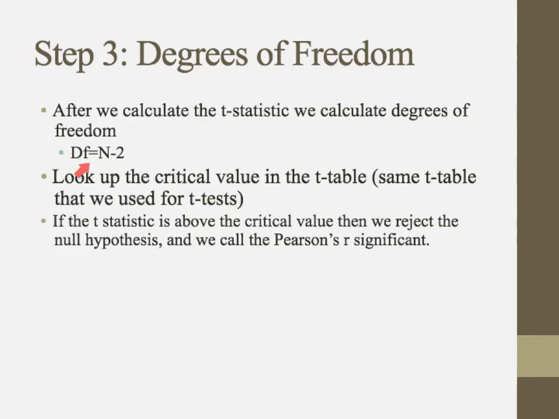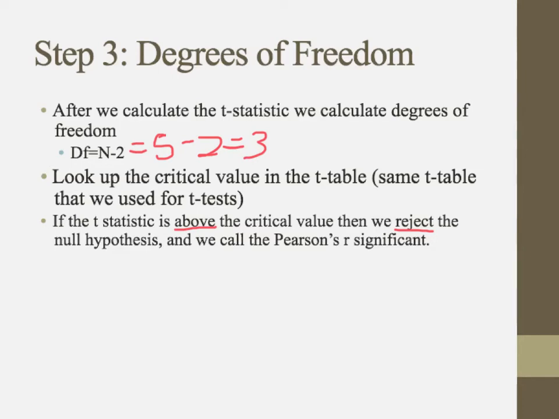For this one, n is 5 minus 2, so we have 3 degrees of freedom. Now we're going to look up the critical value in the t-table. This is the same t-table that we use for t-tests. Just like before, if the t-value is above the critical value, then we're going to reject the null hypothesis and say that Pearson's r is significant.